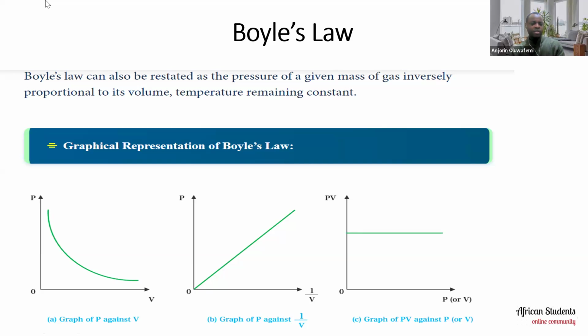You can see what happens, as pressure increases, volume will decrease. It's an inverse relationship. And so that is P against V, and then P against 1/V. And in C, we have a graph of PV against P, or V as the case may be. So this is the graphical representation for Boyle's law.